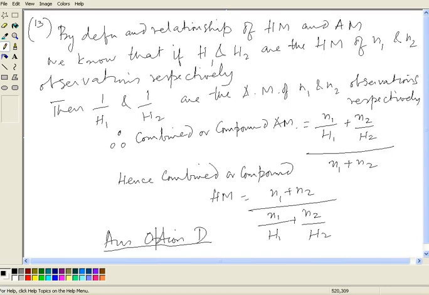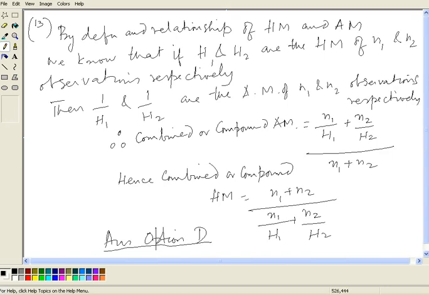Therefore, the combined or compound arithmetic mean will be given by the standard formula: n1 times the arithmetic mean of the first one plus n2 times the arithmetic mean of the second one, divided by n1 plus n2. That is n1 by h1 plus n2 by h2 divided by n1 plus n2.